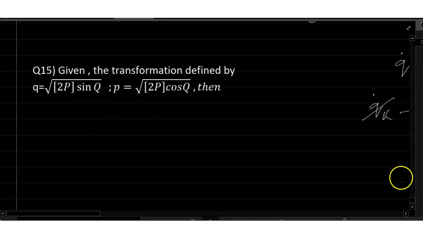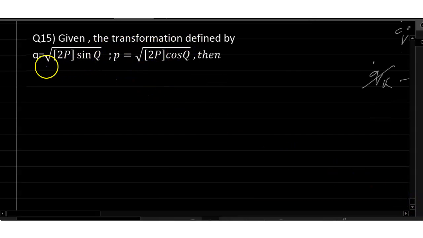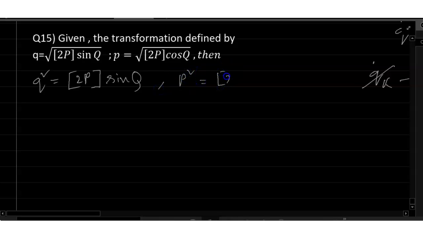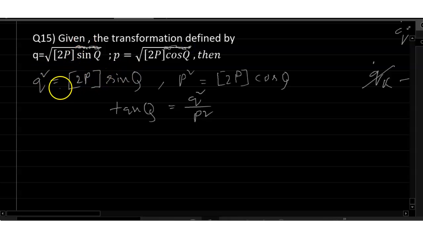Now we have to solve our last problem, friends. Given the transformation defined by Q equal to root of 2p sin q and P equal to root of 2p cos q, then Q squared is 2p sin q and P squared is 2p cos q, so tan q equals Q squared by P squared. Here something is written wrong; this square root is not over cos q, so I hope it is root over 2q.